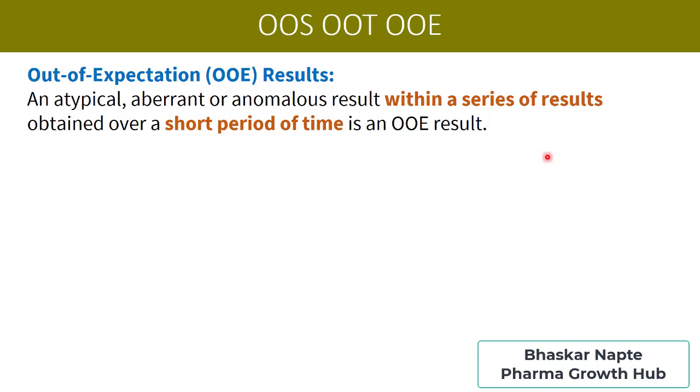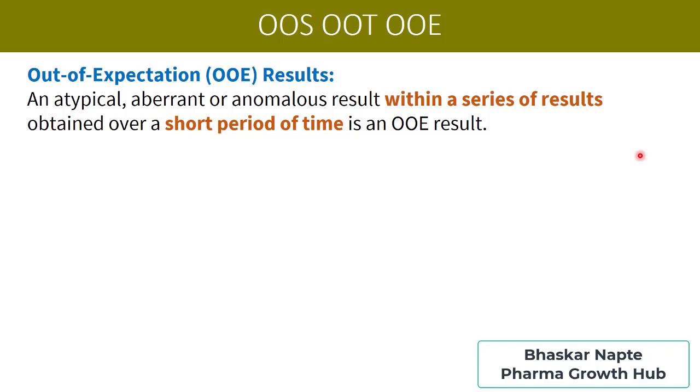Within a series of results, within a series means what? Suppose you are conducting a dissolution test for a drug product, and as a part of your testing procedure, you are supposed to execute the dissolution for 6 units, right? Now this series of results means what?